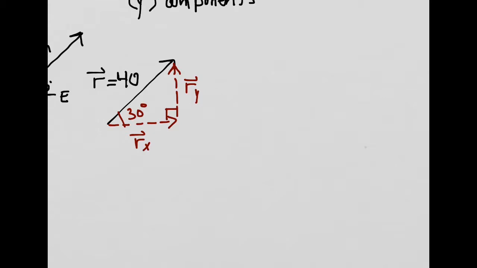I just want you to figure out the math first. Because I've got the hypotenuse here and the opposite side and the adjacent side required, I'm going to be doing a cosine ratio and a sine ratio to find my missing components.